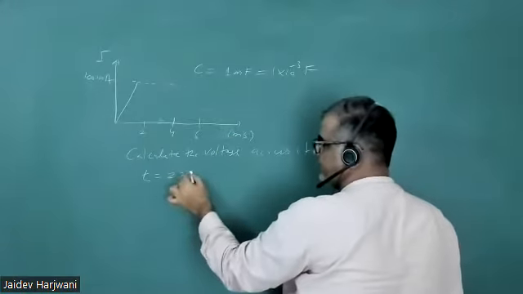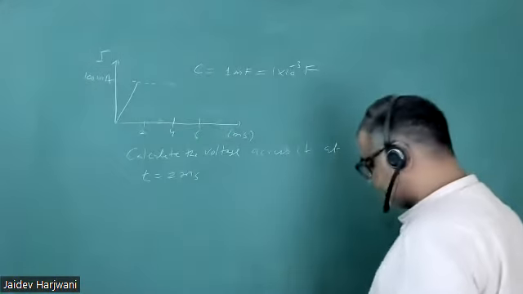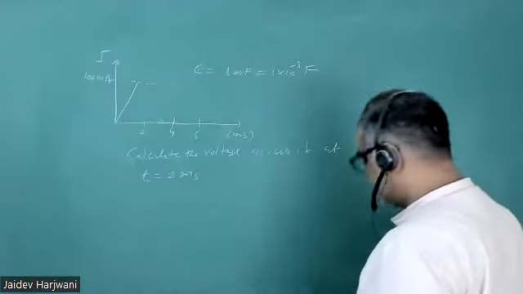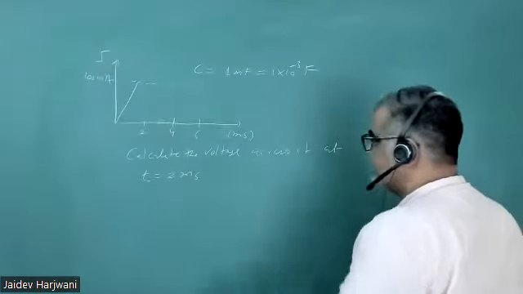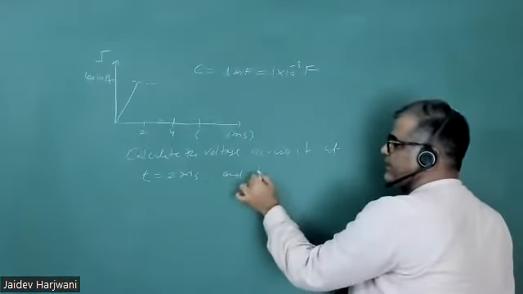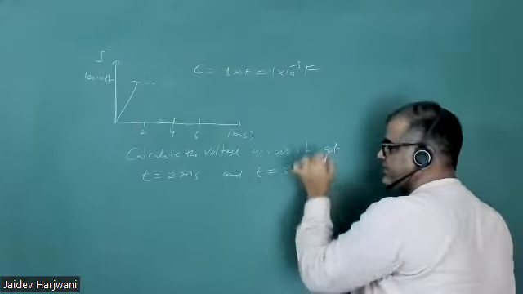So keep in mind, what is the voltage at 2 millisecond, because you are giving current, so voltage will increase, and at t equal to 5 millisecond, what is the voltage of the capacitor.